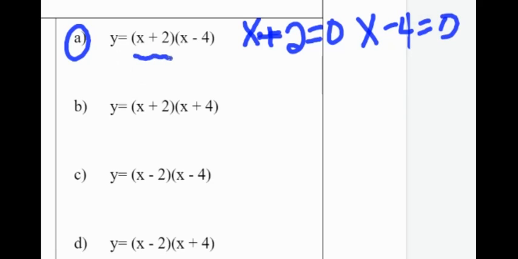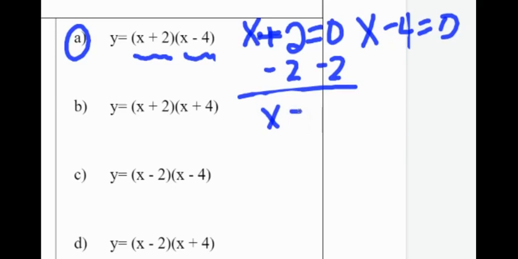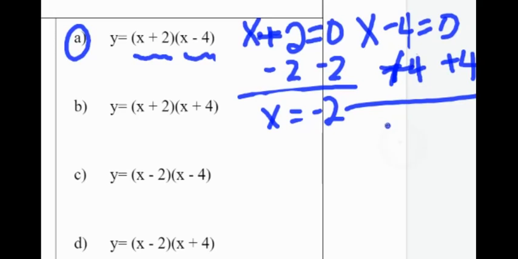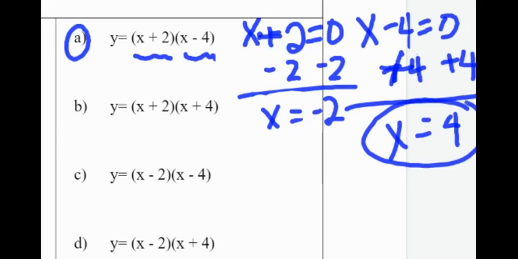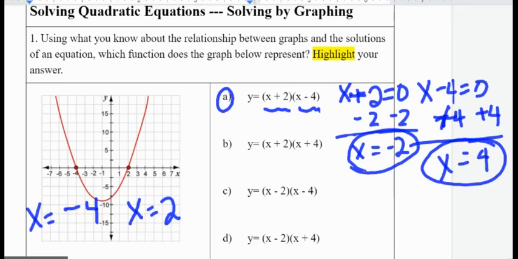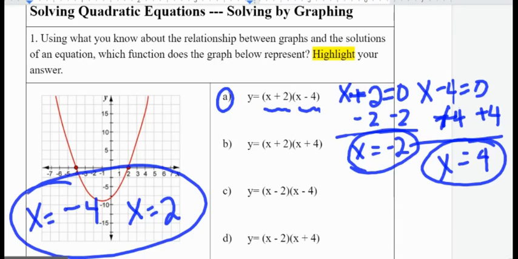I'm getting the x plus 2 from here and the x minus 4 from there. Now to solve, I'm going to take 2 away from each side here, and I get x equals -2. And over here, when I add 4 to each side, I get x equals 4. Do these answers match what we need? No, they don't.